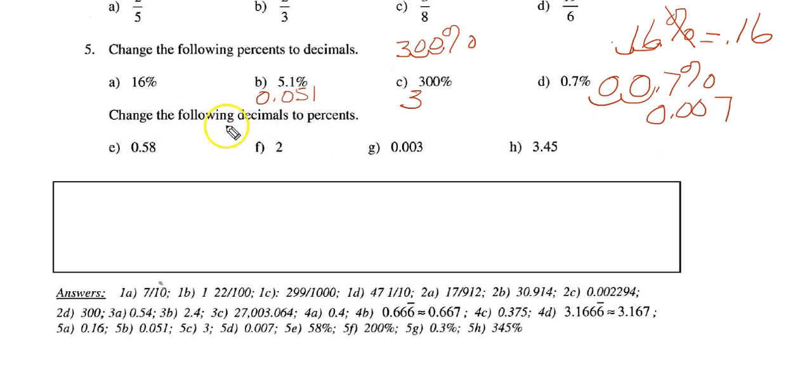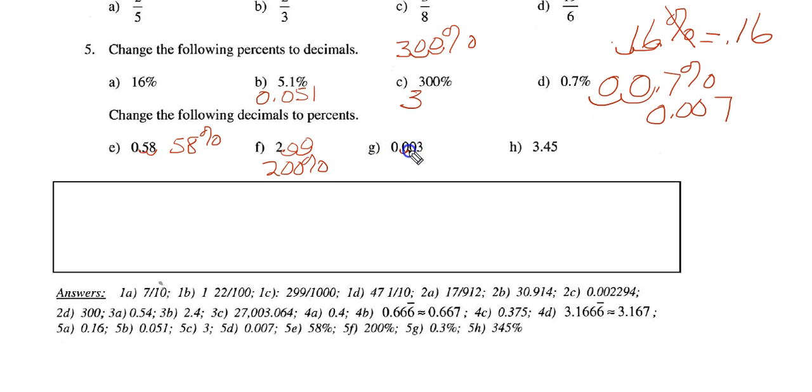Change the following to percent. Well, it's just the opposite. Here we're going to move the decimal 2 places to the right, and that becomes 58%. The decimal here, move it 2 places to the right, so this becomes 200%.